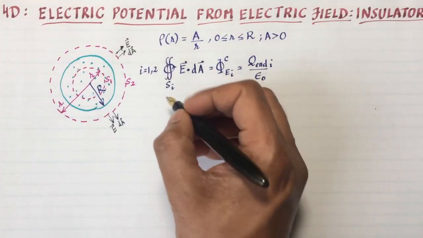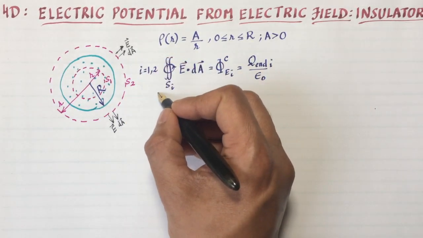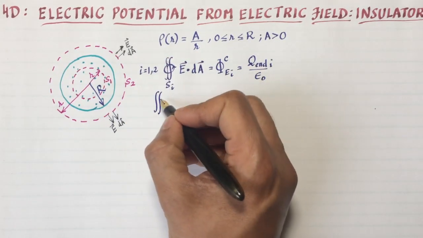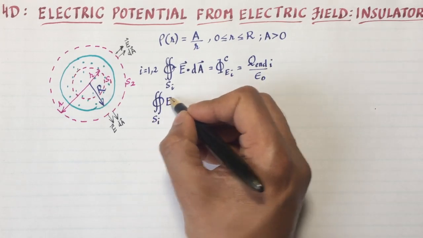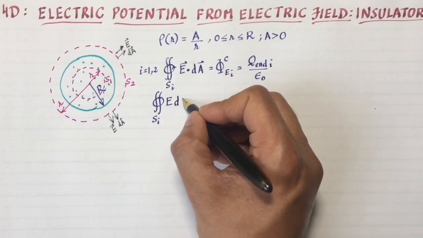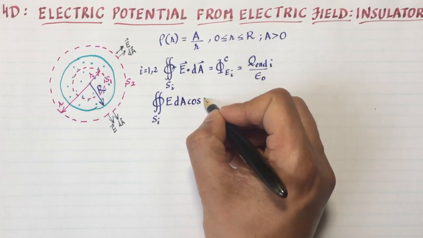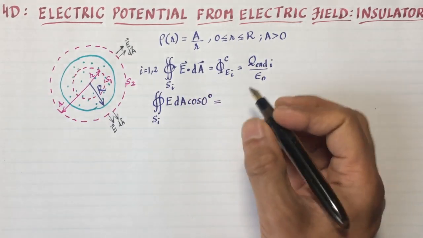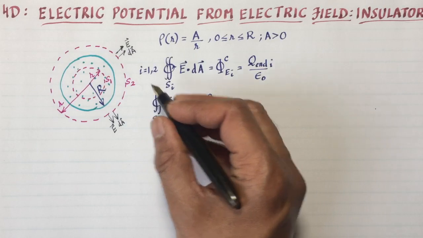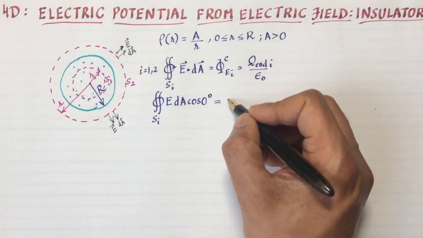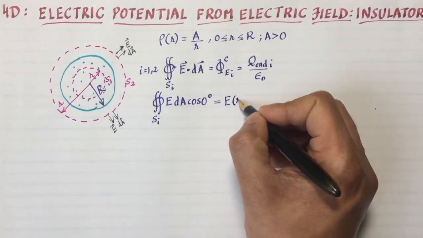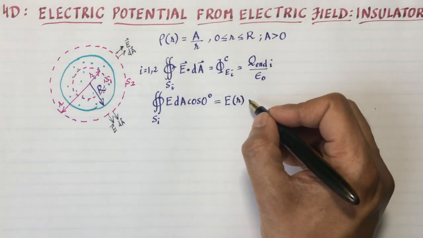The left-hand side, as I said, can be simplified quite readily. It just becomes the integral over Si of E times dA times cosine of 0 degrees. And that E can be pulled outside because that's just the magnitude of E, which is constant throughout the Gaussian surface. It only depends on the Gaussian radius r.